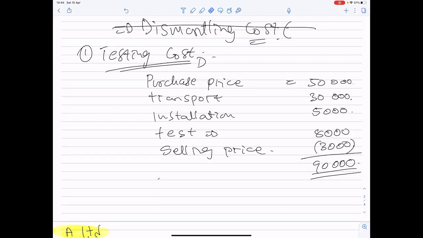Are we together? Now, there are other costs that you can include, like the professional fees, the cost of testing. We have spoken about it. The installation and assembly are costs that are also going to be included. The initial delivery and the handling cost are also going to be included.